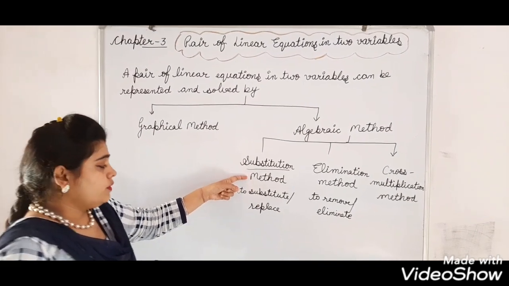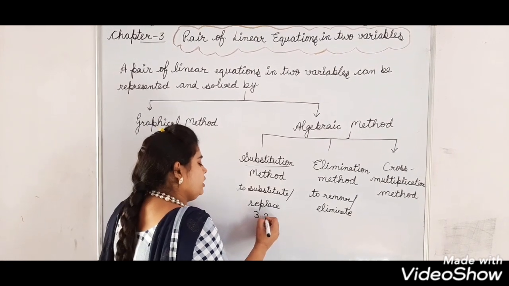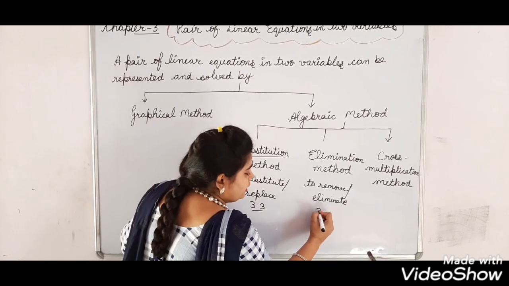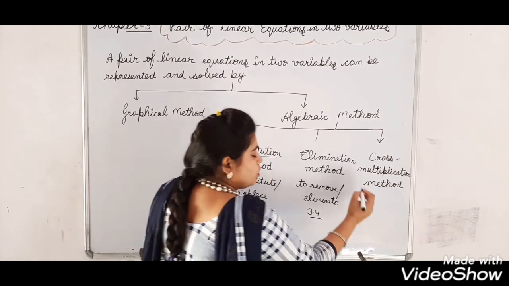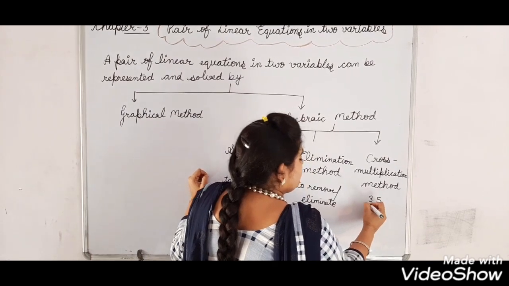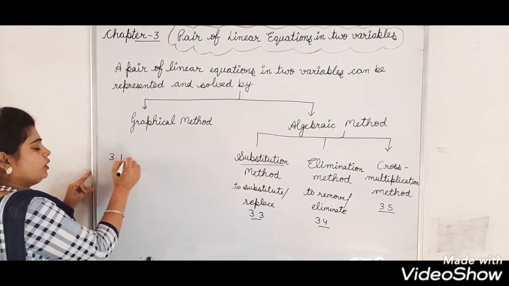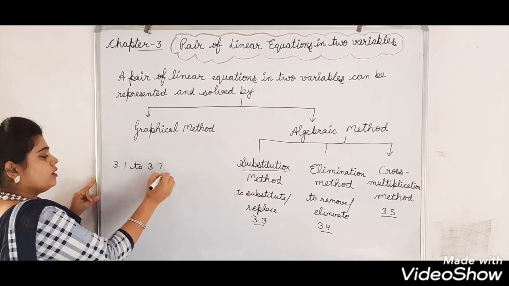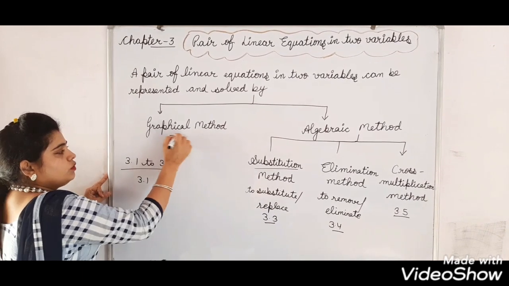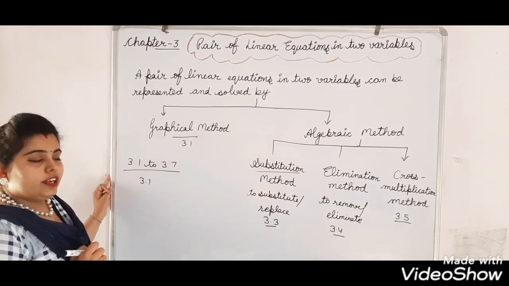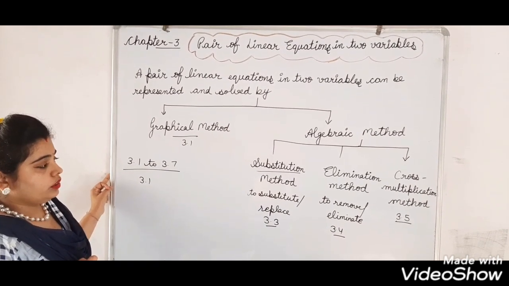Substitution method we will study in exercise 3.3. Elimination method in 3.4. Cross multiplication 3.5. Total there are 7 exercises, 3.1 to 3.7. In 3.1 we will study graphical method and algebraic method both.